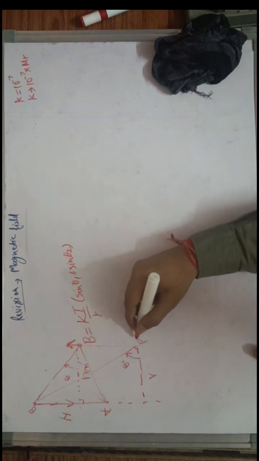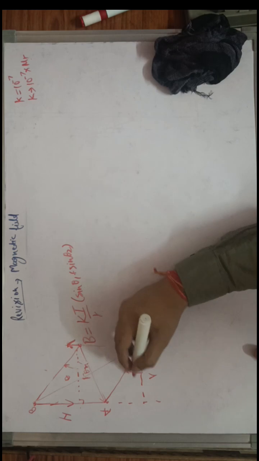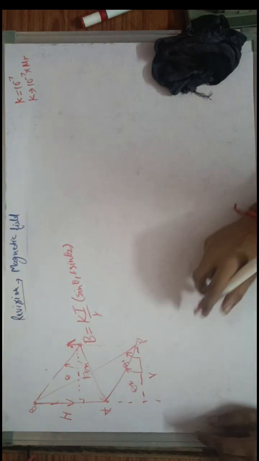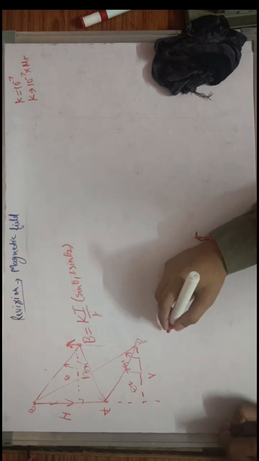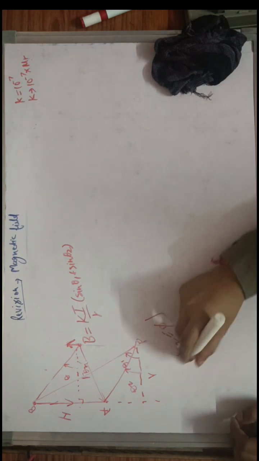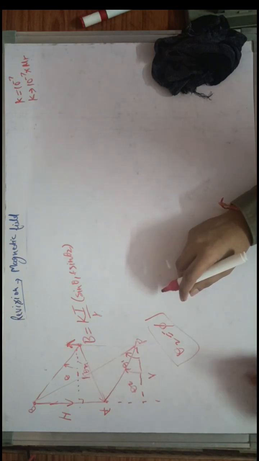This length is, let's say, R, and this angle would become theta 2 and would be taken as negative. Let's say the magnitude of this angle is phi, then theta 2 would be taken as minus phi, because if one angle is taken positive in this direction, then the other would be taken negative.